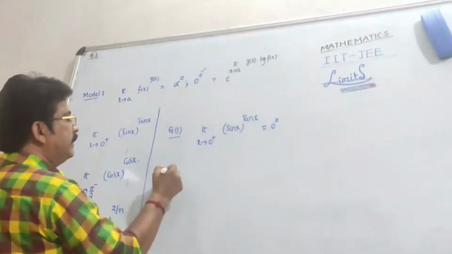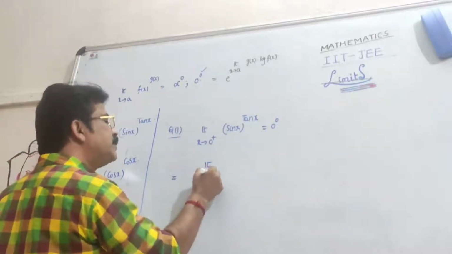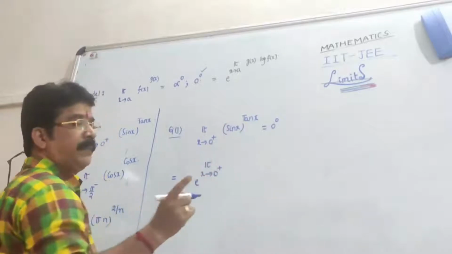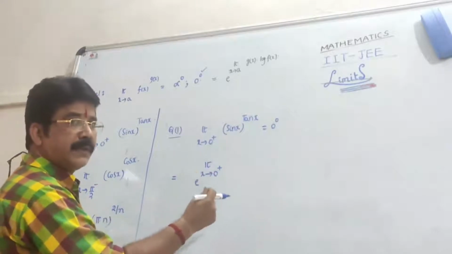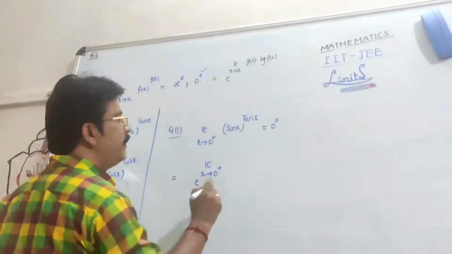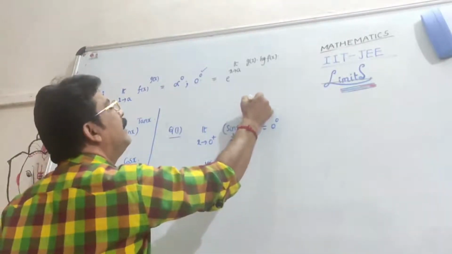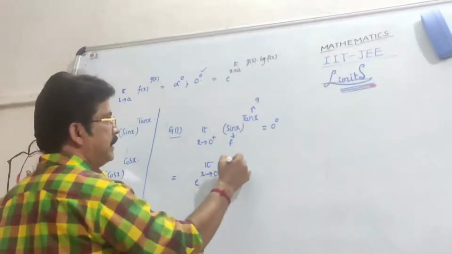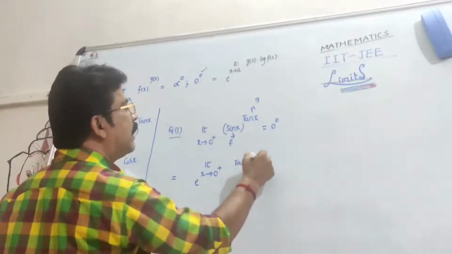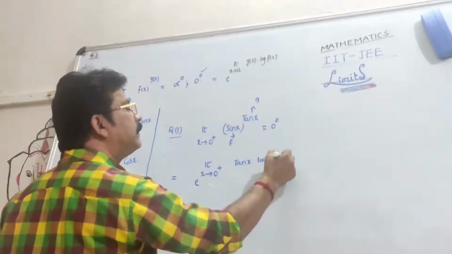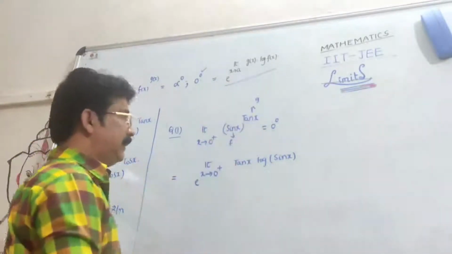So therefore answer is equal to e power limit x tends to 0 plus, which stands for the direction, means right hand side at x equal to 0, but x not equal to 0, remember. So this is f of x and this will be g of x. So therefore g of x means tan x into logarithm of sin x. Okay, we applied this shortcut, right?